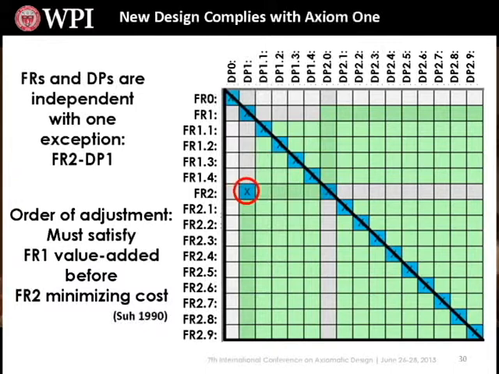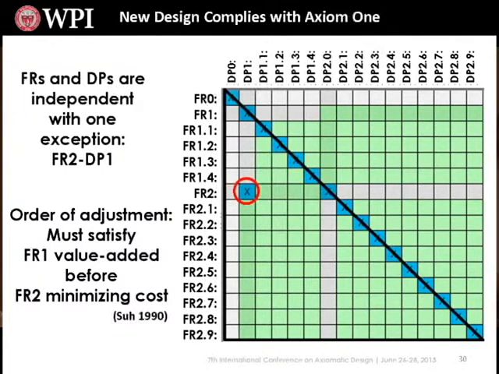And so there's actually coupling between my FR2, minimize the cost of the operation, and DP1, produce the engineers efficiently, which affects FR2, minimize the cost of production. You have to satisfy producing the engineer before you minimize the cost.